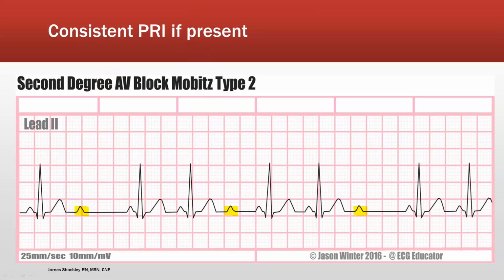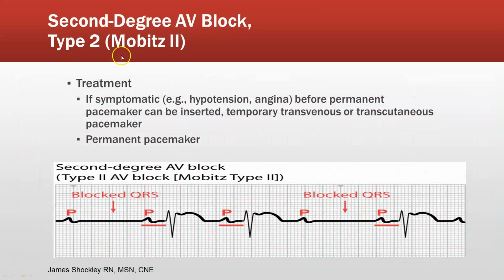So again, we see another interpretation. We can see random P waves that are highlighted there for you and how they're missing their QRS partners. So you can be stable.